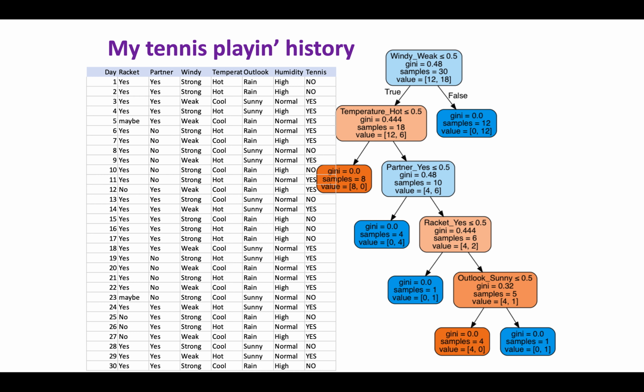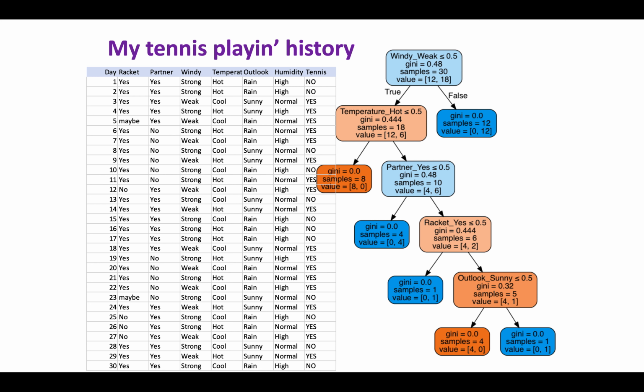And the interesting thing is that the humidity of the courts is not a consideration at all. It doesn't matter. Now, why is this useful? Well, it's useful for my wife because she only needs to know whether I had my racket, my partner, and what the wind, temperature, and outlook were, to know what state of drunkenness I would get home in that evening.